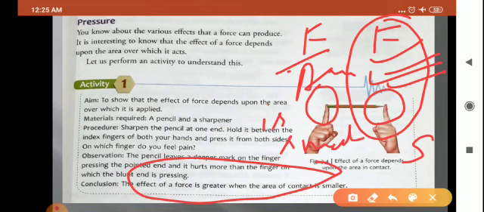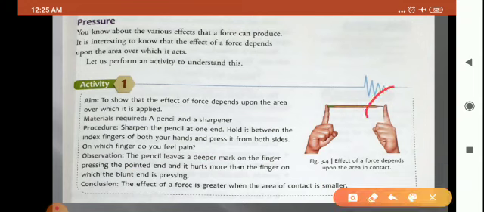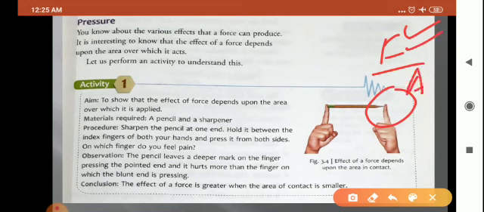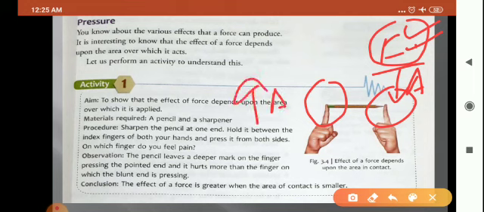Okay, means on this side the force acting per unit area is more. Or you can say that area of contact is less, so effect of force is more. Okay, here the area of contact is more, so effect of force is less.